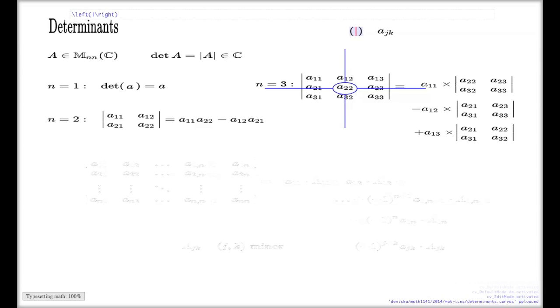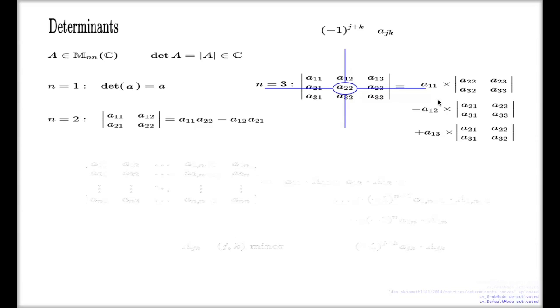You take -1 and you raise it to the power j plus k. So you sum up the indices of the element, and if the sum is even, then the sign will be plus. If the sum of the indices is odd, then the sign next to the term will be minus. This is a very general way to describe this sign.